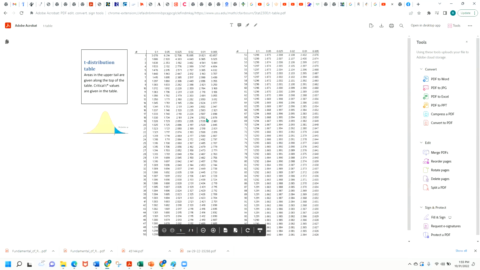So you set the cutoff t to be 2.552 for these degrees of freedom. If you get a t higher than this, then your results are significant. But if it's lower than this, your results are not significant. Right. Okay.